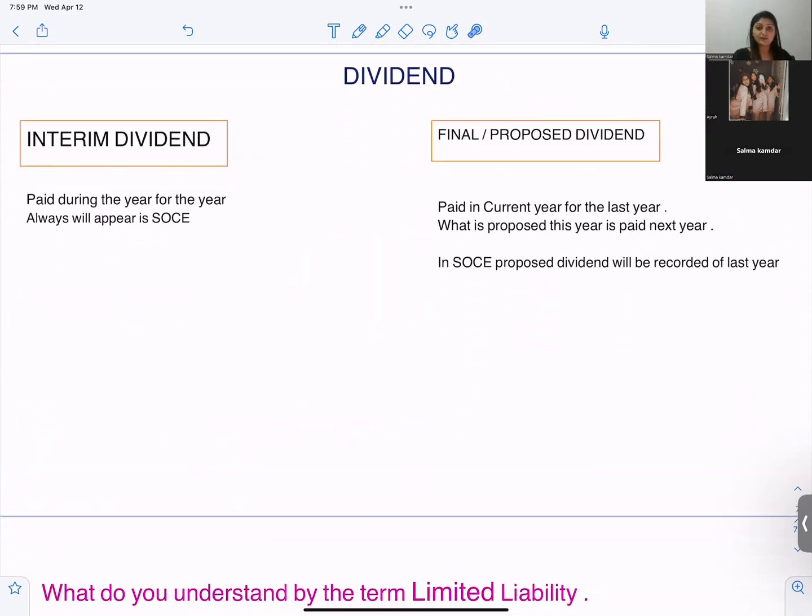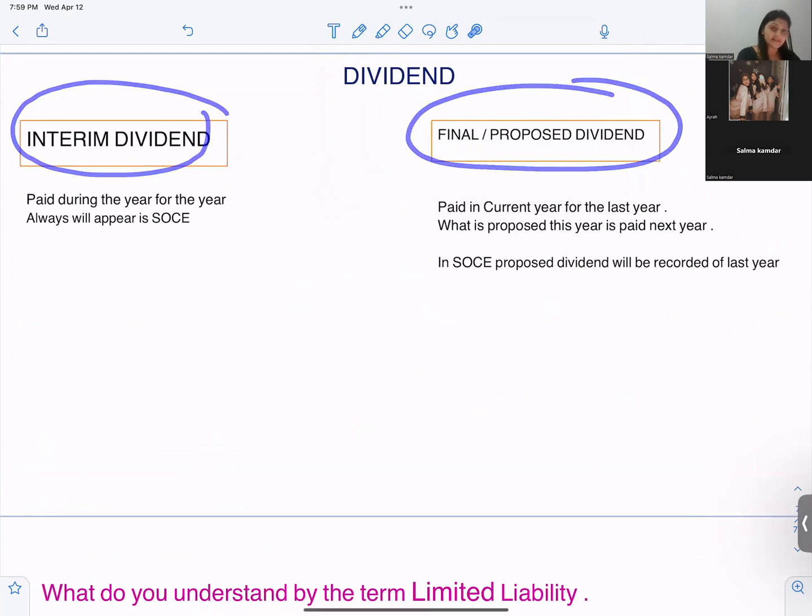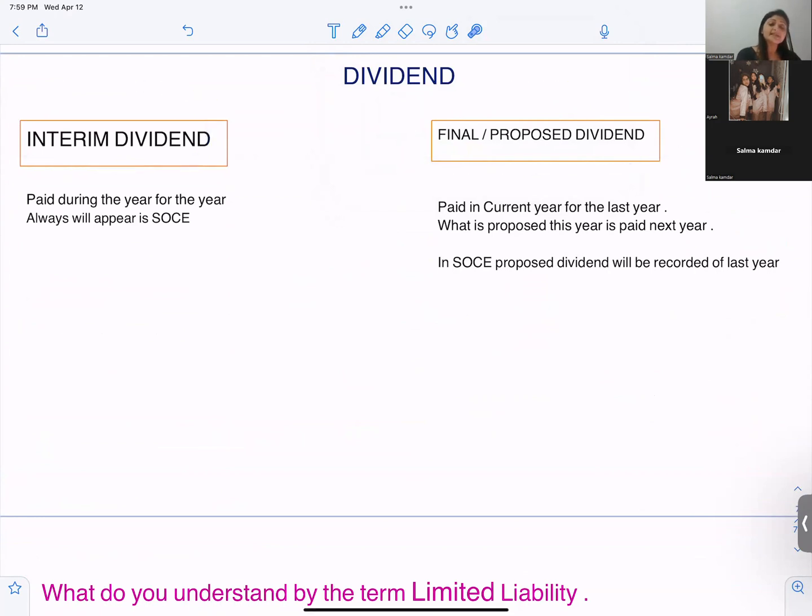Okay, now understand. You have two types of dividend. How many types of dividend do you have? Two types of dividend. First is interim dividend, second is final dividend. What is interim? It's paid during the year. It is the dividend that was proposed and paid during the same year.